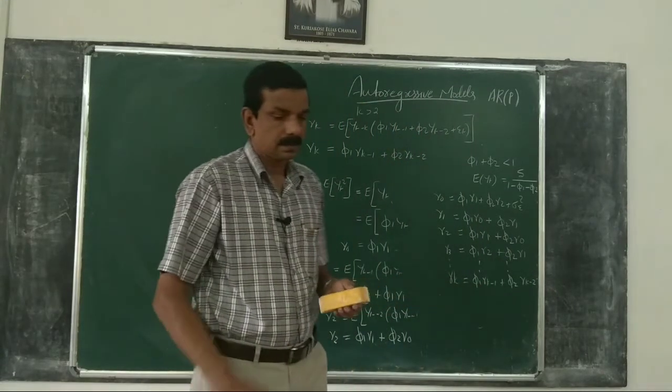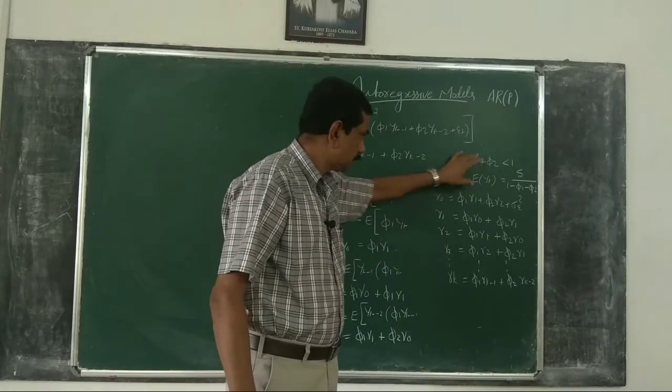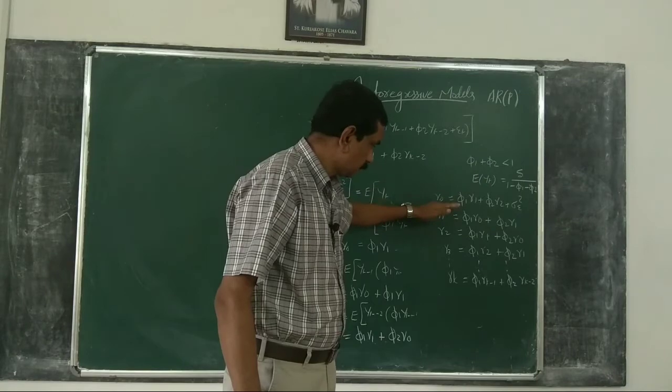These are the values for k greater than 2. This is the mean, variance, and covariances.